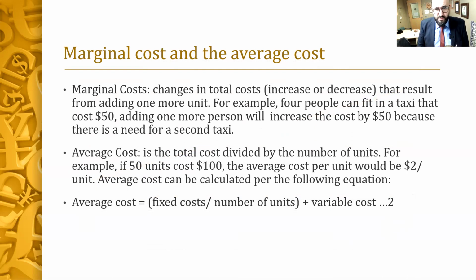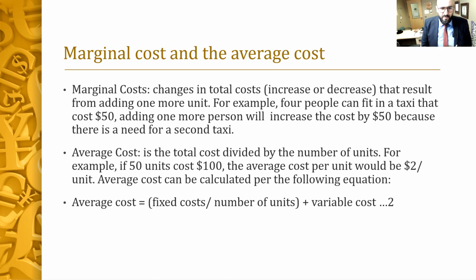So just 4 people could fit in a taxi and you have to pay $50 for the taxi driver. Now, if we need to add one more person, that person would not fit in the taxi. So that would result in adding another $50, because there is a need for another taxi to put the 5th person. So that's what we call the marginal cost. The marginal cost is the change in total cost by adding one more unit.